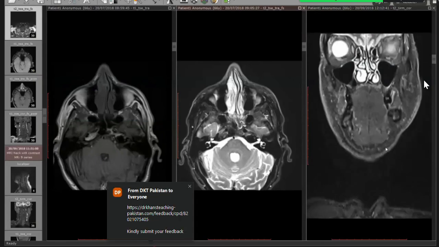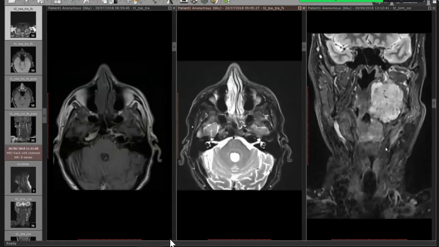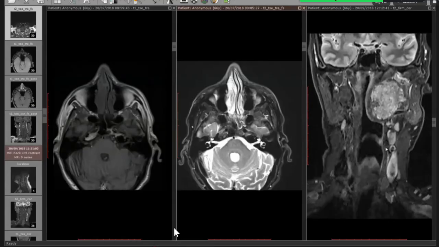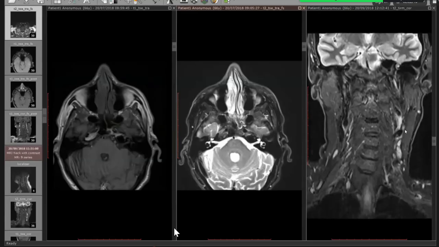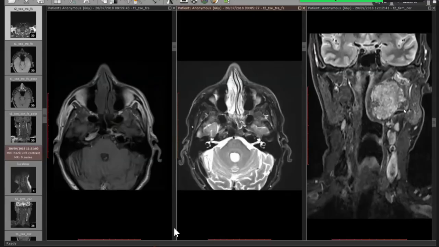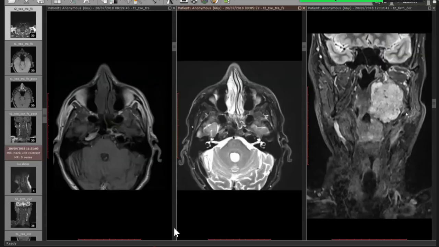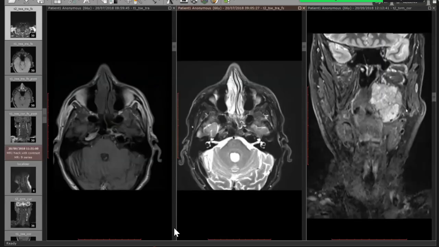Okay, so I'd like to scroll through the coronal view to see the extent of the mass in relation to the mandible and masticator muscles, because that's the most convincing space. So the lesion is heterogeneously hyperintense, well-defined.